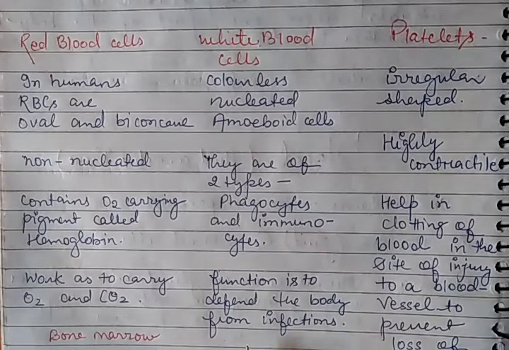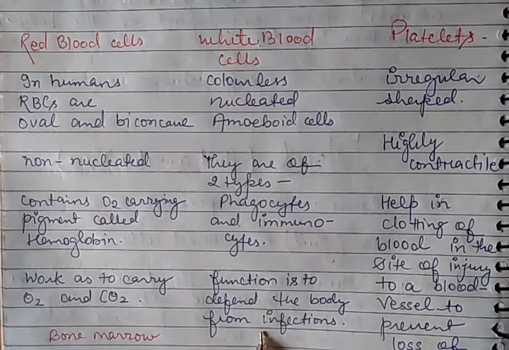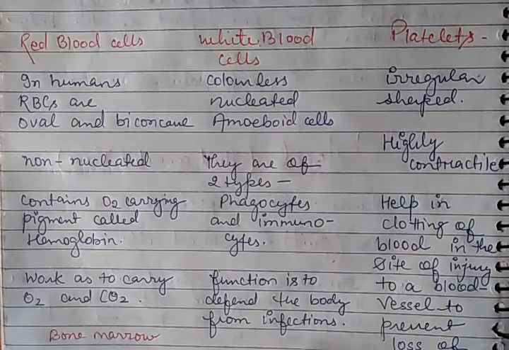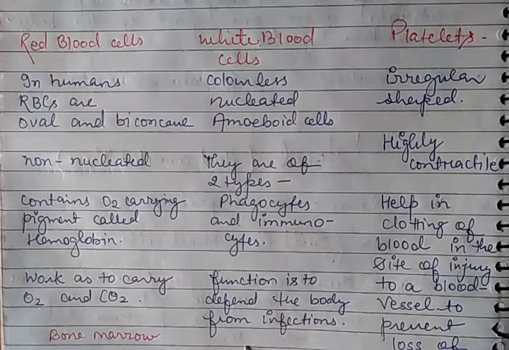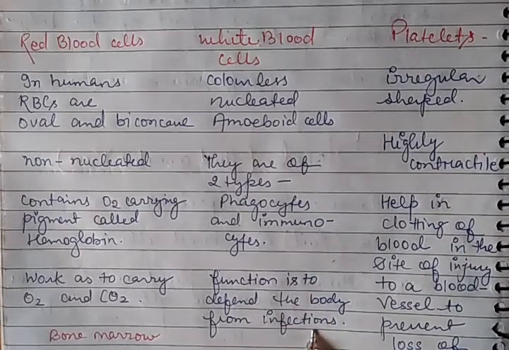They are phagocytic in nature, and whatever foreign unwanted materials get into the blood, they kill those foreign materials or any germs that enter our body. They kill the germs and they defend our body from infections.